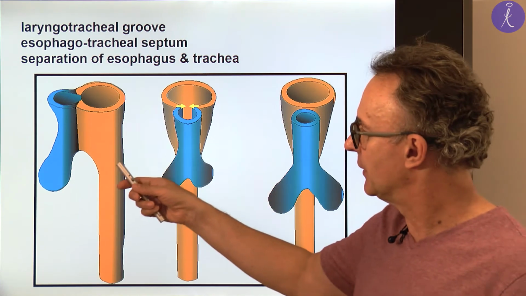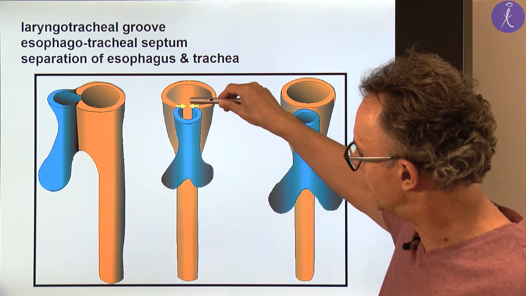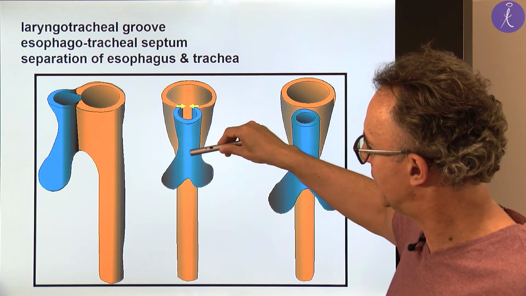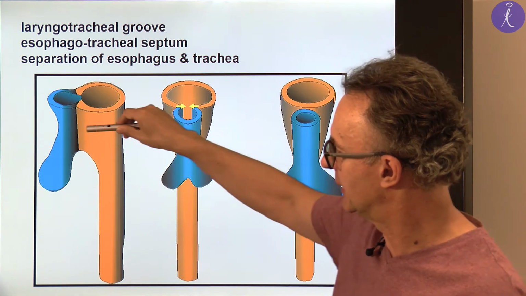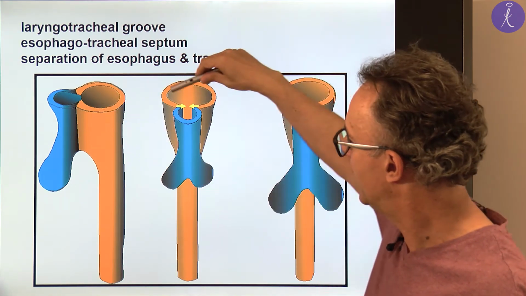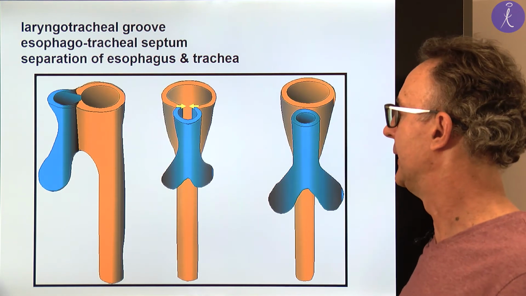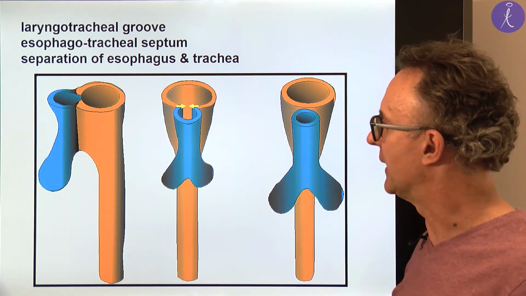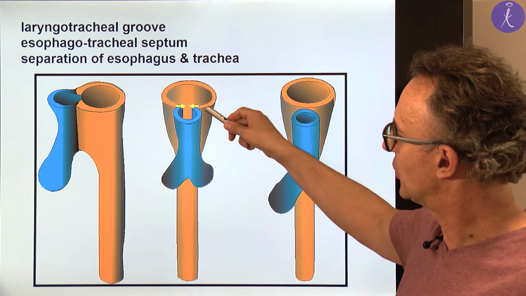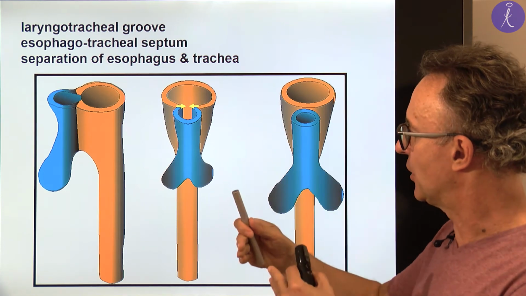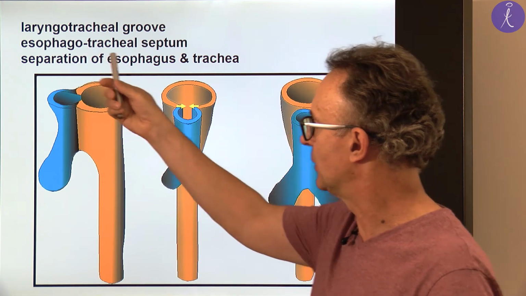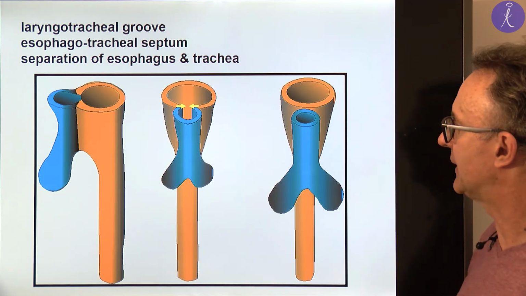And as I mentioned to you, first we have a quite elongated communication between the outgrowth, so the respiratory diverticulum, the blue, and the remaining gut tube behind. And this should be closed by these two arrows, which then fuse, and this is called then the esophagotracheal septum.